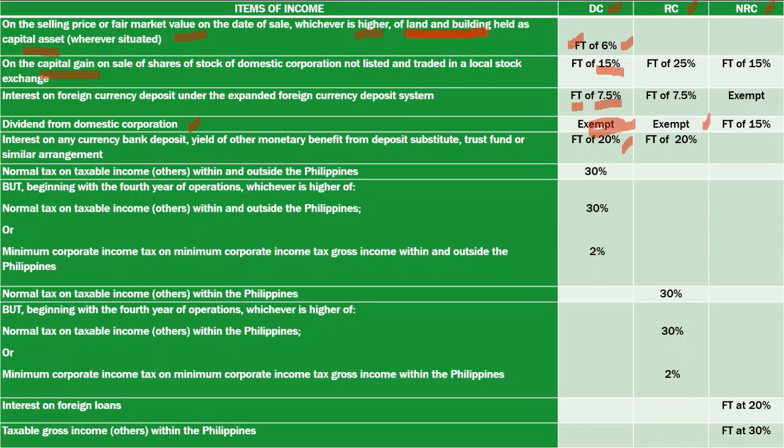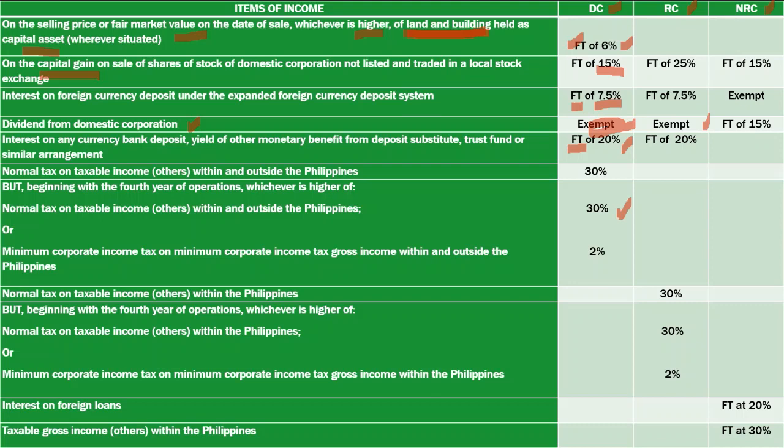Again, the interest income from the bank is no longer subject to regular corporate income tax of 30% because it is already subject to final tax of 20%.